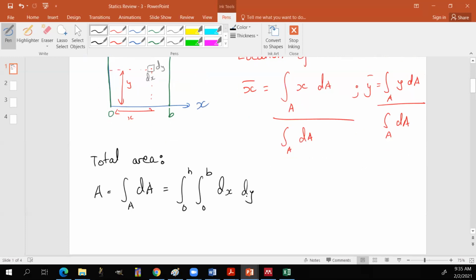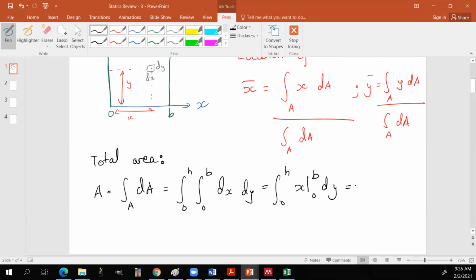And the way to do this is, you integrate your x first, then you integrate your y. You guys are super familiar with this. So integrating the x first, the integral of dx becomes x, going from 0 to b.